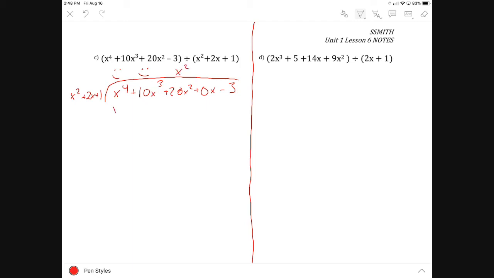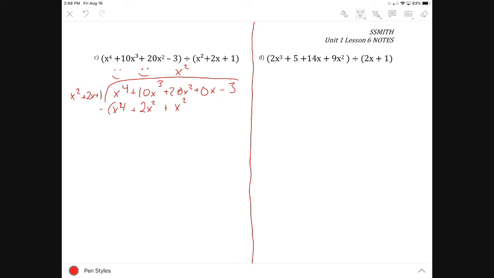Then we're going to go back up to the far part. So x to the fourth plus, and then we look at our 2x plus 1, 2x, so that's going to be 2x to the third. Then we're going to look at our 1, and that's going to just be a basic 1x squared.